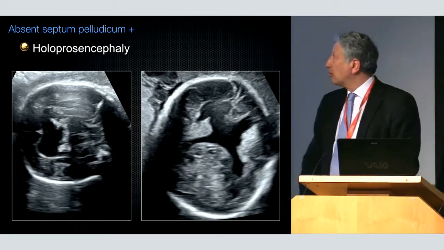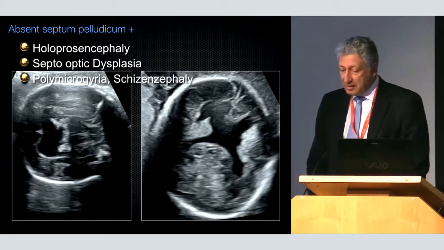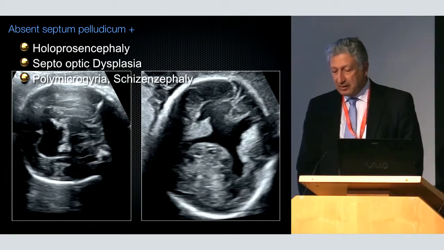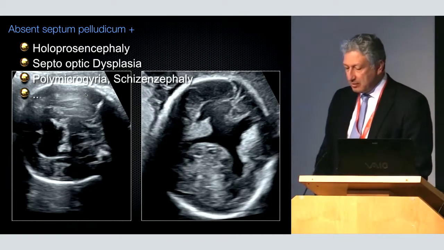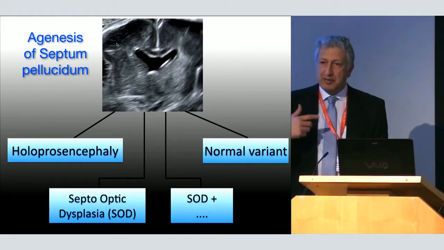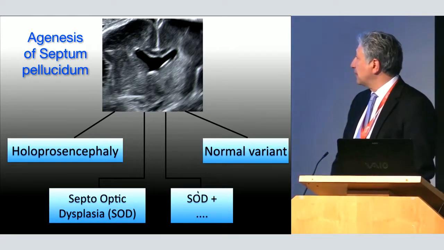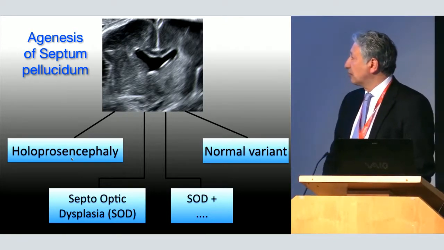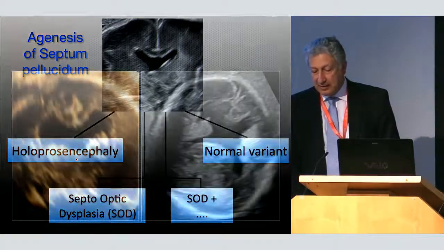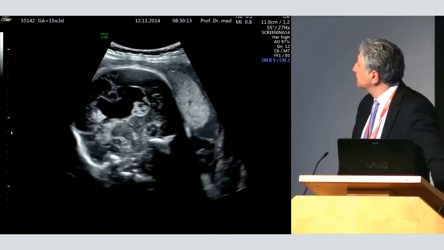So it could be holoprosencephaly, it could be septo-optic dysplasia, it could be polymicrogyria, because this is often found in cases where absent septum pellucidum, and it could be something else. So this is the slide I use when I speak on absent septum pellucidum. It can be a normal variant, it can be SOD plus, it can be SOD or holoprosencephaly. So these are the images, and I show you some video clips.